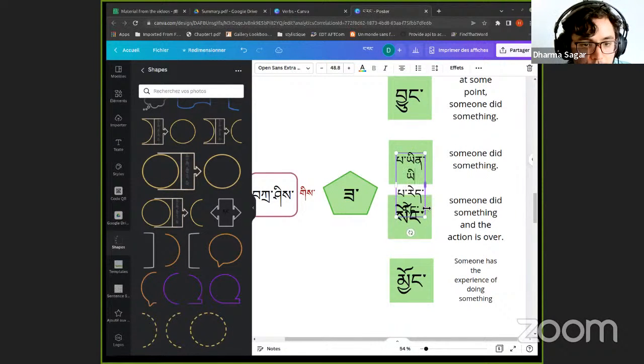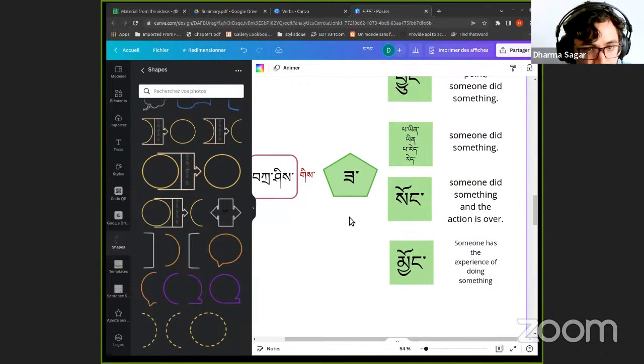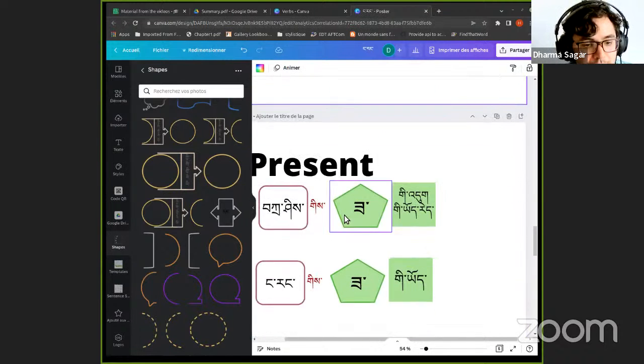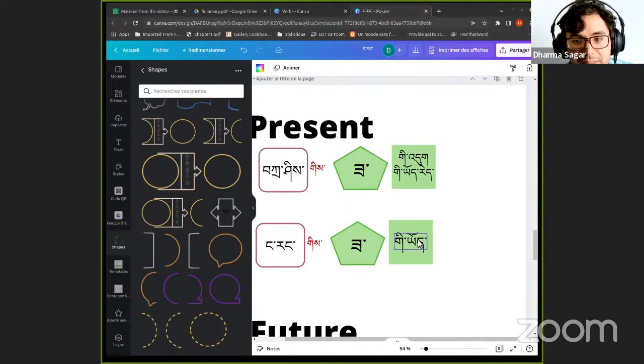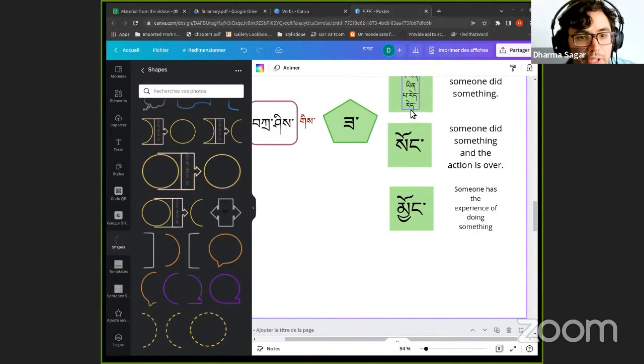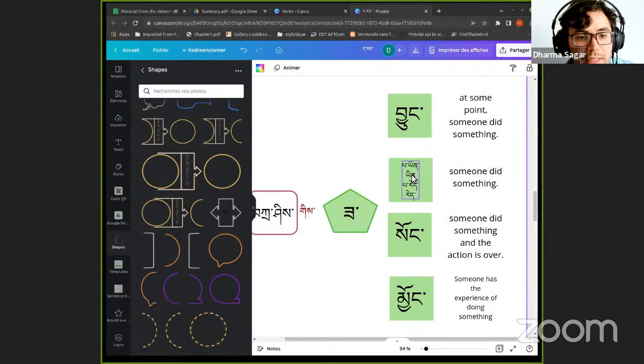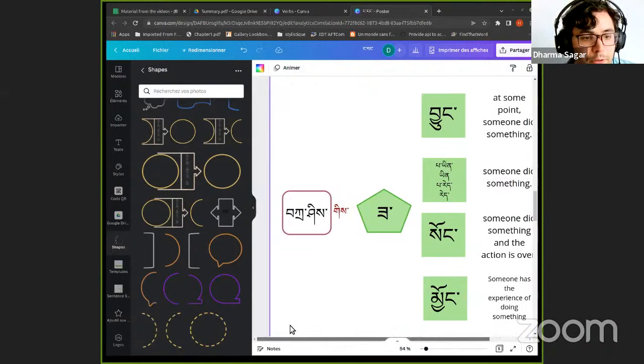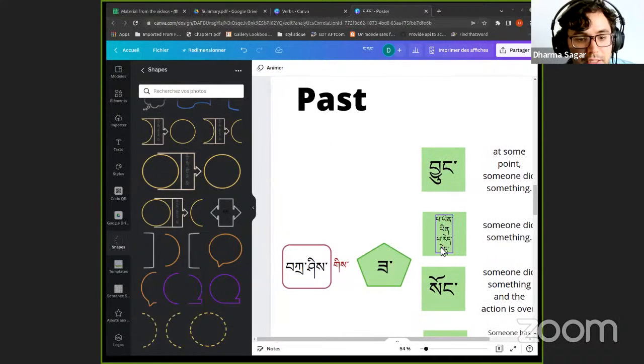Yin and payin is the past conjugation for the speaker, and re and pare is the past conjugation for others, those who are not the speaker.